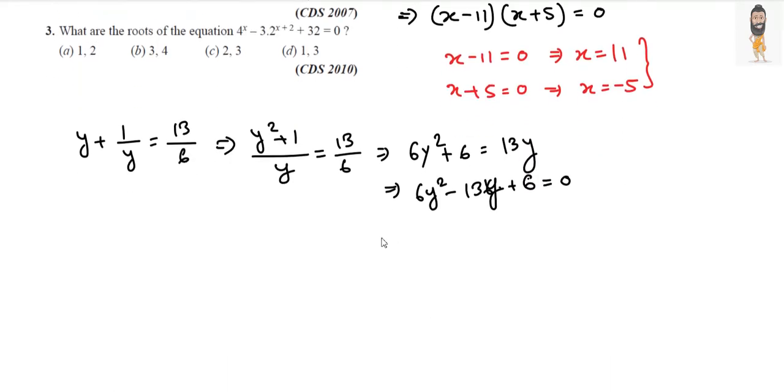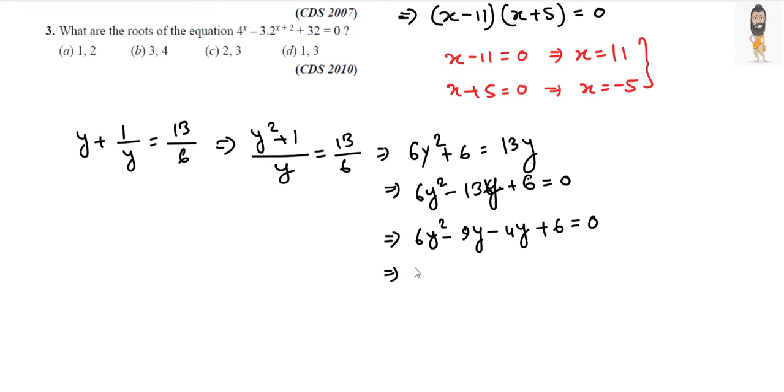So what would be the value? Now we can write 6y squared minus 9y minus 4y plus 6 equals 0. Sorry, I made a mistake there, it is minus 4y.